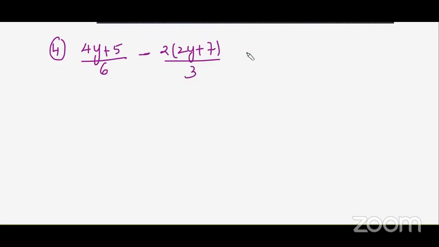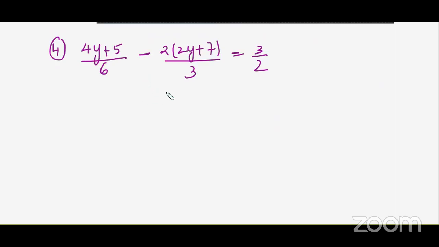Fourth question, it says (4y plus 5) divided by 6 minus 2 times (2y plus 7) divided by 3 equals 3 over 2. First, let's work out the denominator. So the LCM is 6.